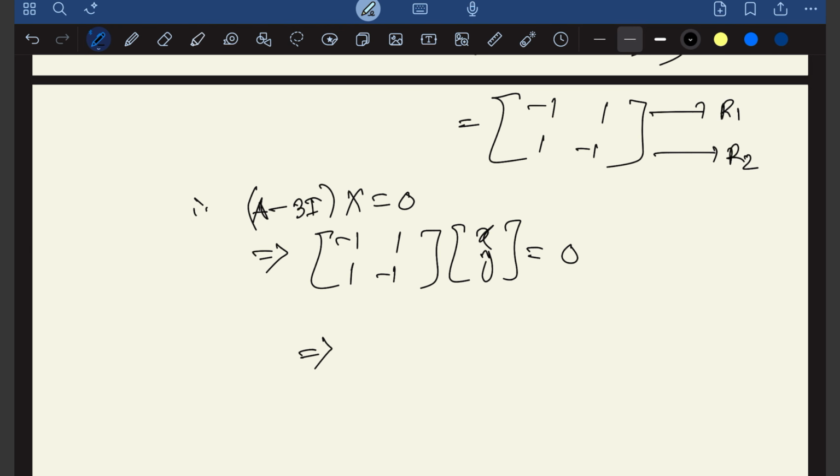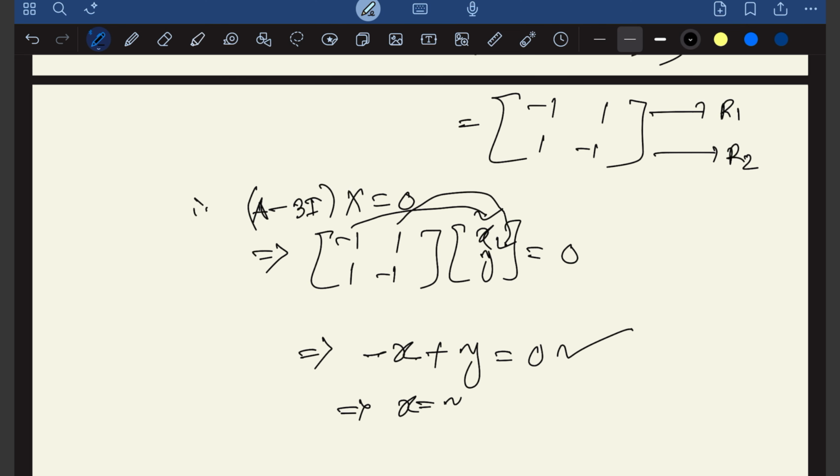There will be this multiplication to this, and this to this. So minus 1 into x, that means minus x, plus 1 into y means y equal to 0. Since these are dependent on each other, only one is enough. So from this I can write x equal to y.